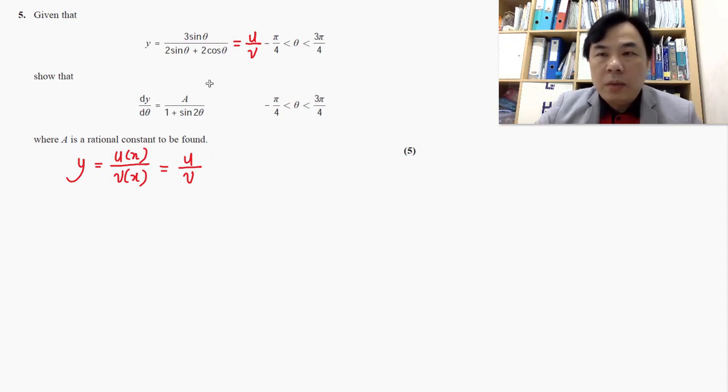Once we identify that we can apply the quotient rule, what would be the formula for the first derivative?